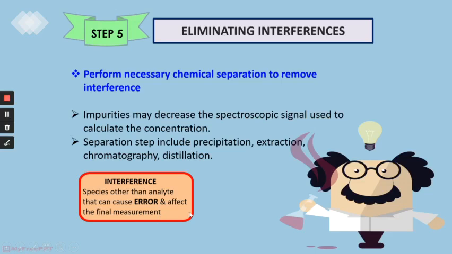For example, your sample is a leaf from a plant. When you do extraction, the crude extract obtained may be green in color because it is a leaf. The green color comes from chlorophyll, and you don't want chlorophyll in your sample. So the chlorophyll is the interference.